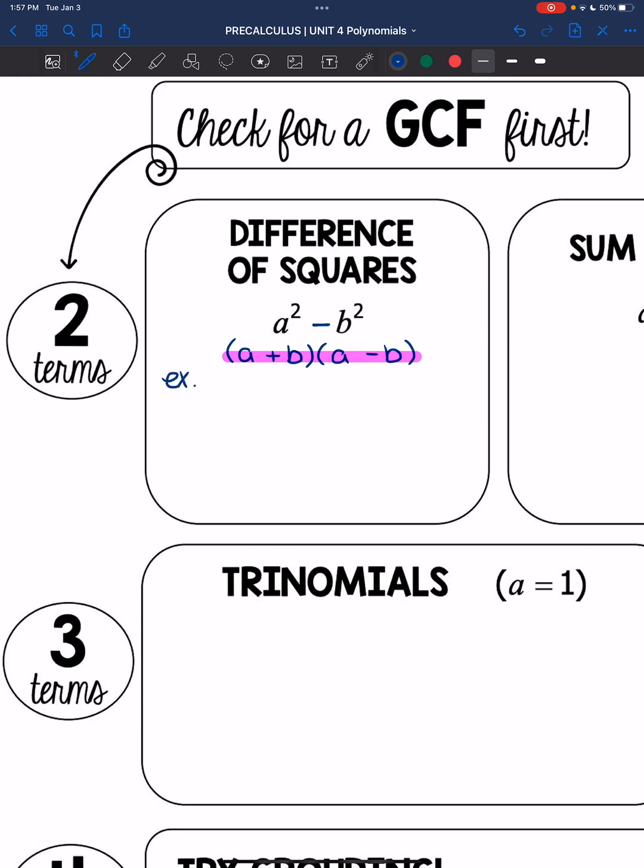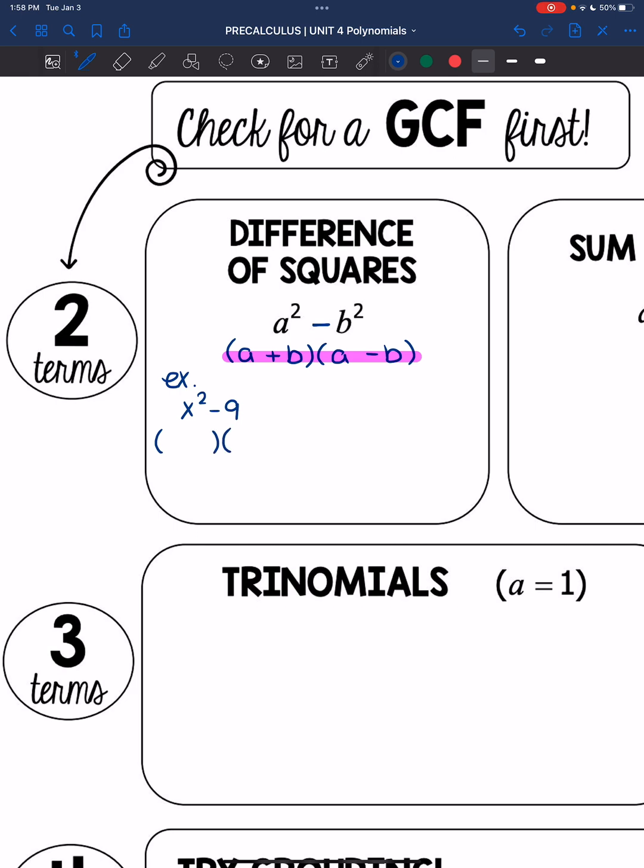So let's look at an example here. Let's say that we had the binomial x squared minus 9. This is an example of a difference of squares because I am subtracting, that's that word difference, and then this is a square and 9 is a square. When we factor that down, what will that be?